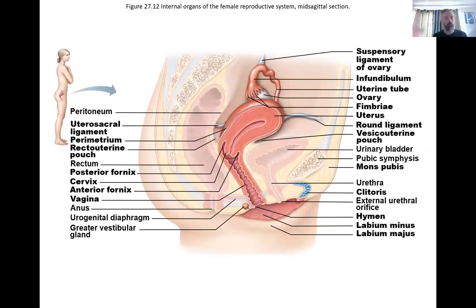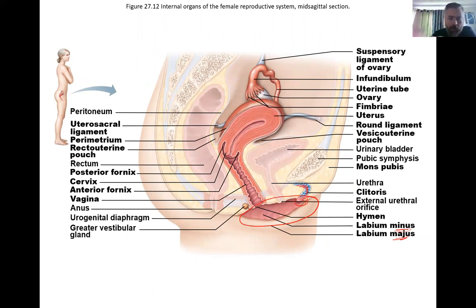Okay, so here we have one view. We're going to see a couple of different views because female anatomy is a little more three-dimensional than male. Starting at the outside, right here we have the external anatomy, the labia majora, minora. If you want to use the Latin terms, you can. It doesn't really matter to me. And then the clitoris here, you can see the glands of the clitoris here, and the root and the erectile tissue of the clitoris up there.